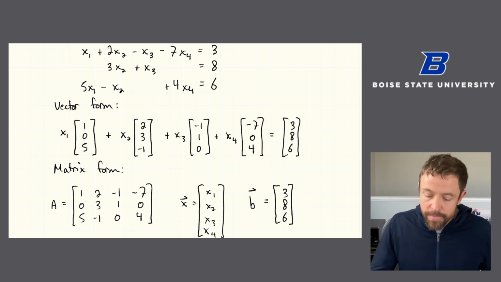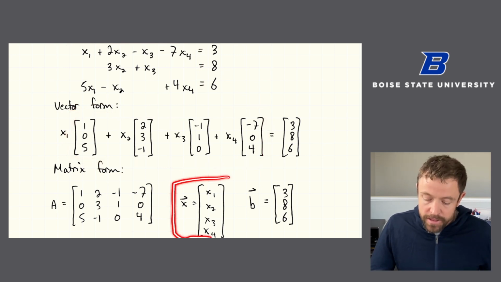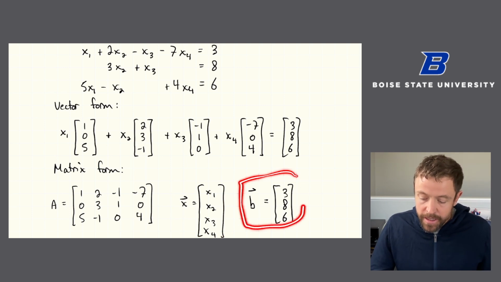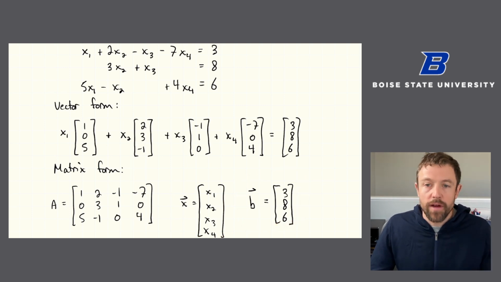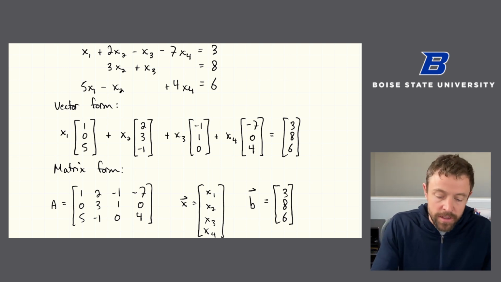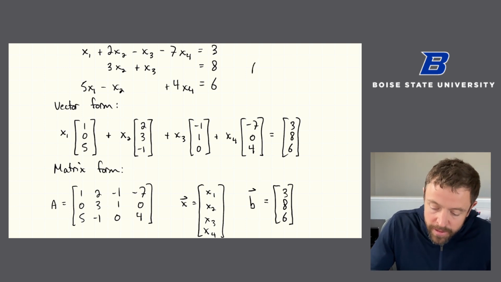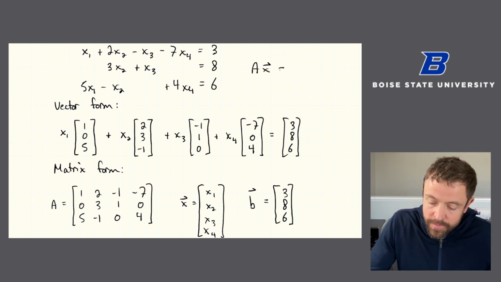So that's our matrix A. Our vector X is going to be just a vector of all of our variables. And our vector B is going to be just a vector of the right-hand sides of the equations. And then this whole system is equivalent to A times X equals B.